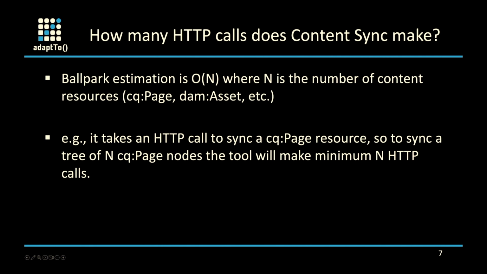So how many calls does it make in general? The ballpark estimation is big O of n, where n is the number of resources to sync. So if you have a tree of n CQ page objects, then the tool will make roughly n HTTP calls to fetch each page as JSON and import it using the content importer API.